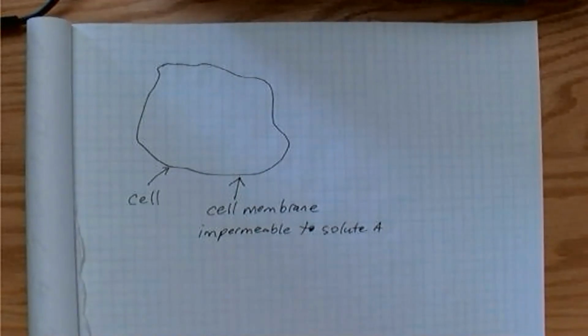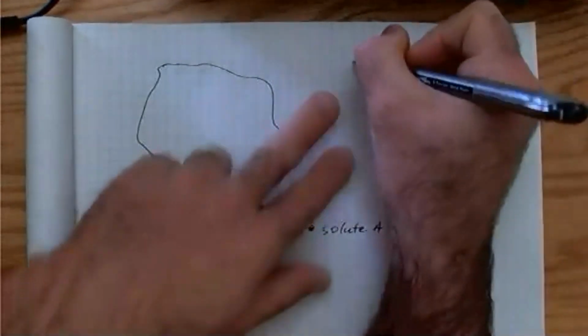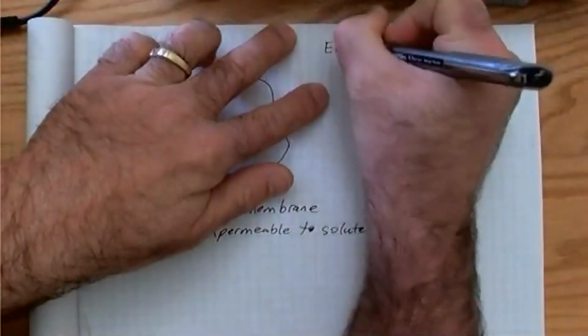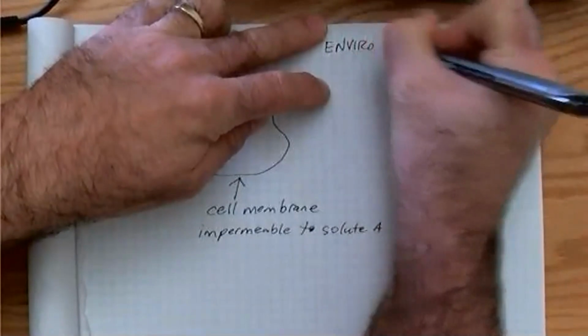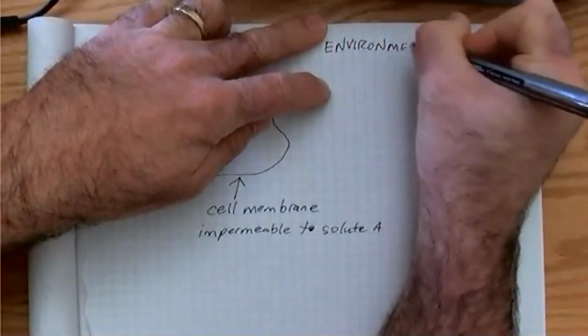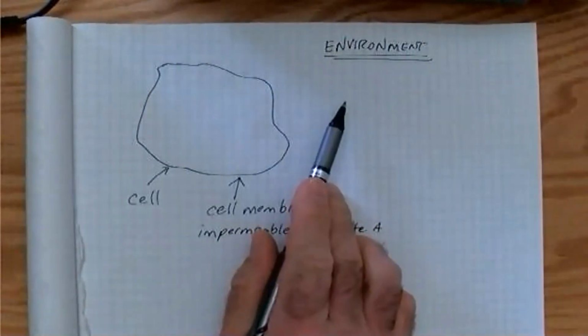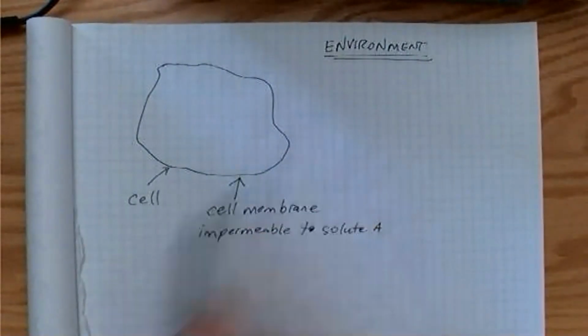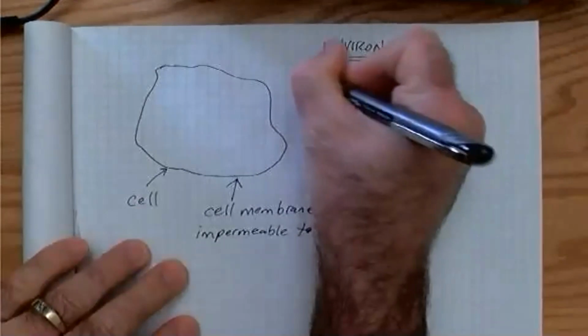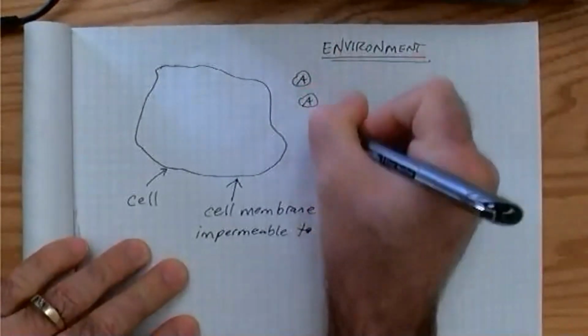The question also states, so we're going to describe the environment here. So here's the environment. It states that in its environment, there is a buildup or a higher concentration of solute A in the environment of this cell.